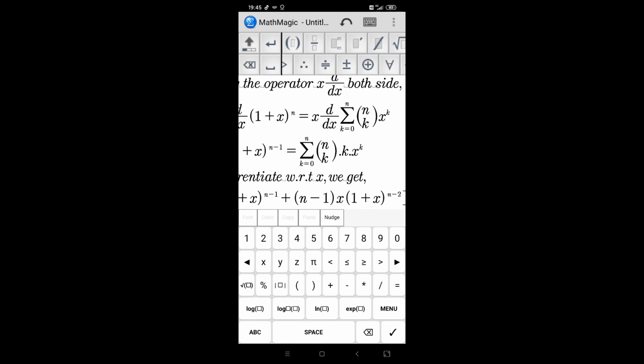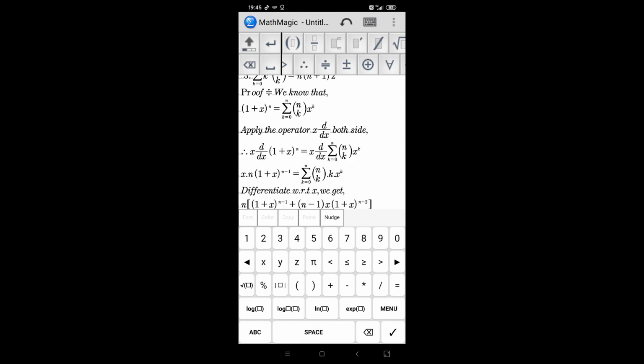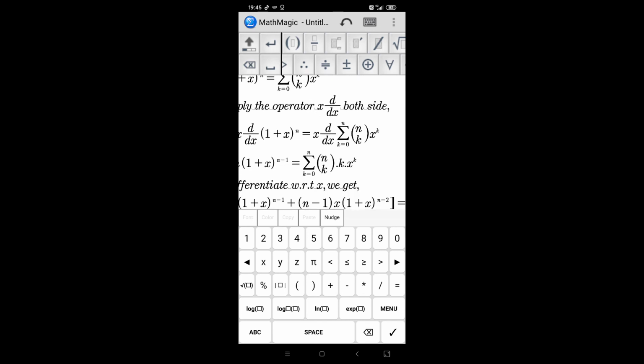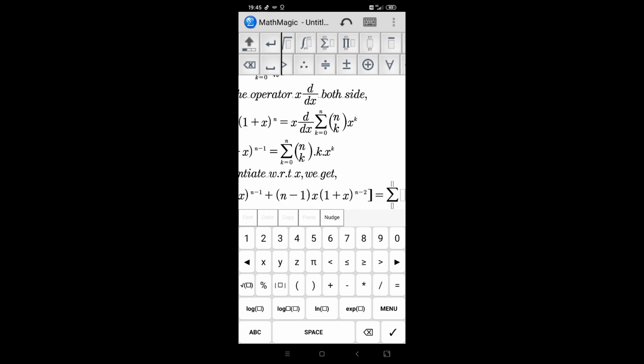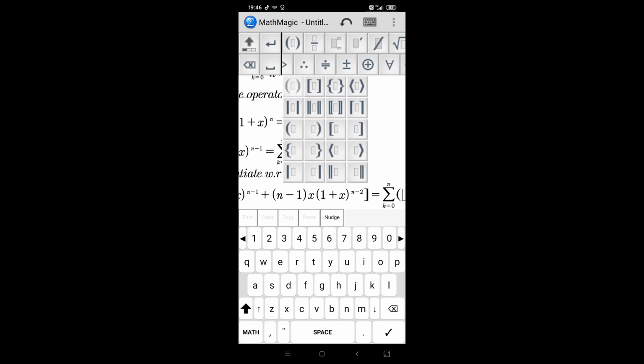That product rule we apply here, plus n minus 1 into x into 1 plus x to the n minus 2, which is equal to, here if you differentiate the sum part, the sum from k equal to 0 to n.